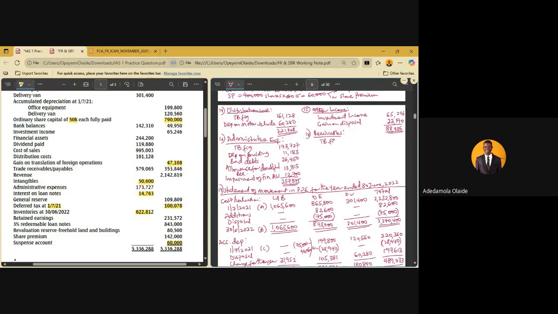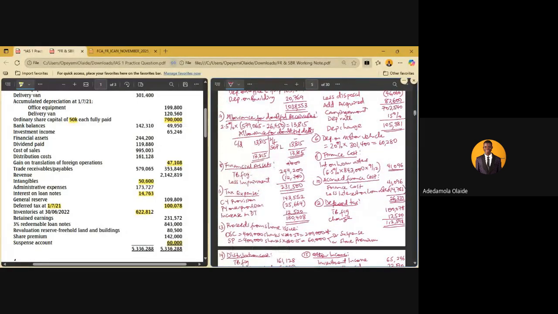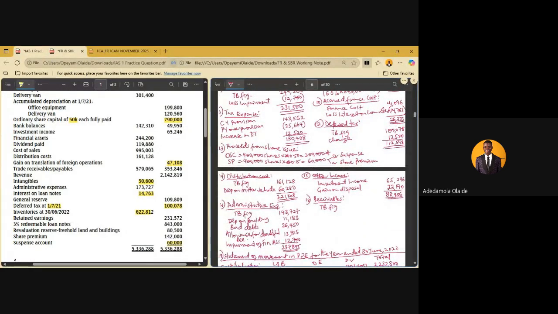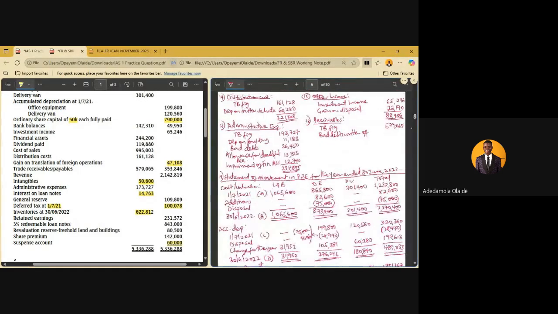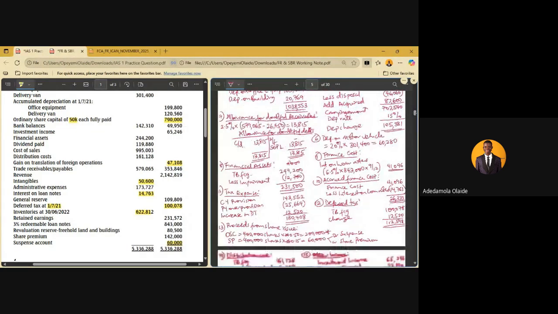The balance figure. 579,065. Then bad debt written off, 26,450. Allowance for doubtful debts, 13,815.